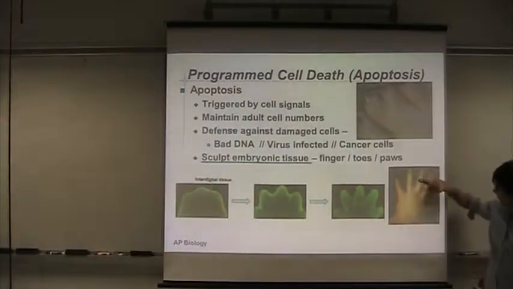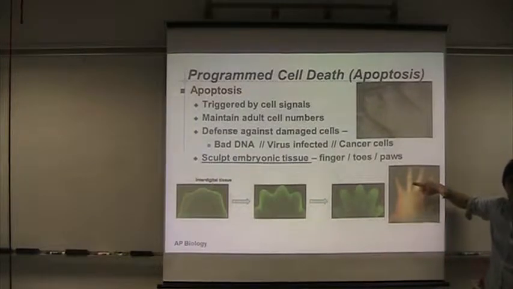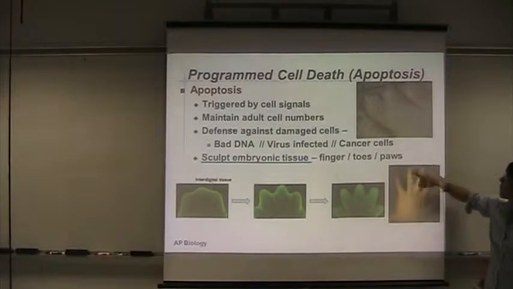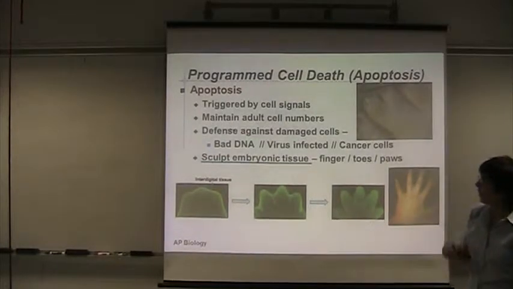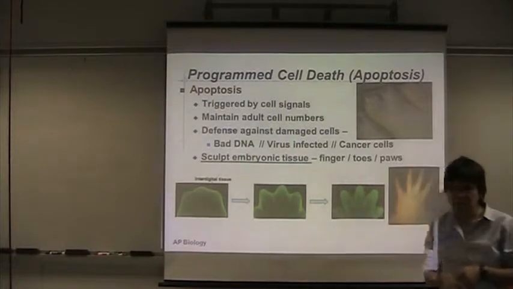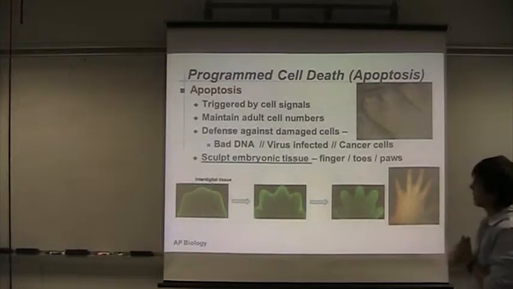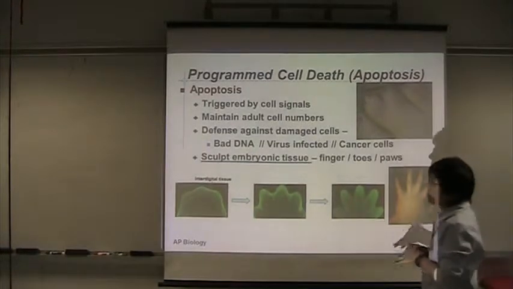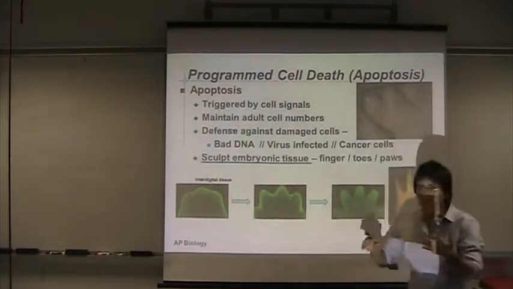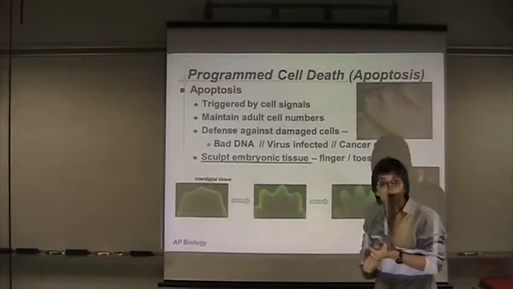Here is an example where apoptosis did not go as planned, and you have that membrane there because those cells were not destroyed. Ditto here. So, sculpting embryonic tissue is yet another function of apoptosis, this programmed cell death. Remember that your cells destroy themselves when the cell cycle goes wrong.